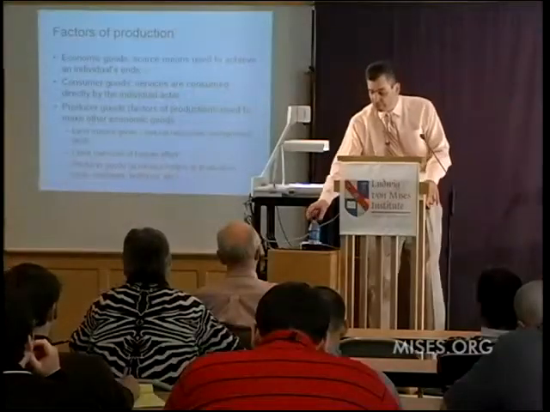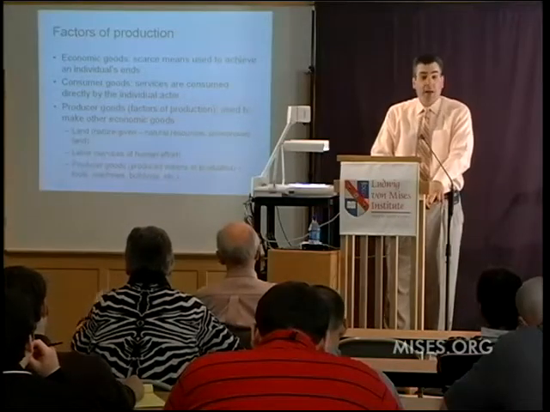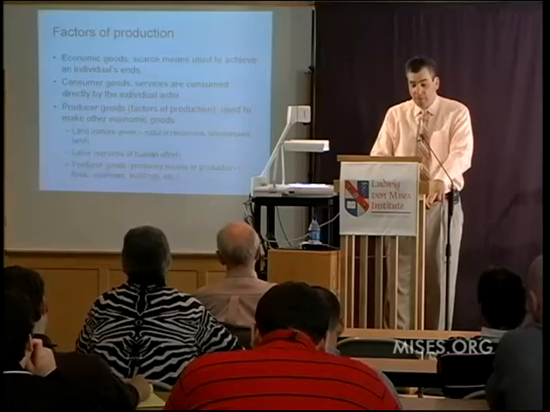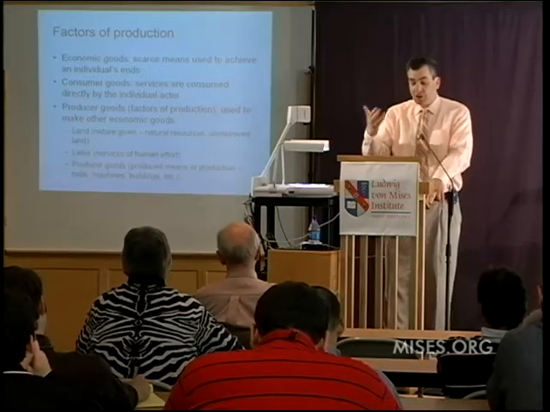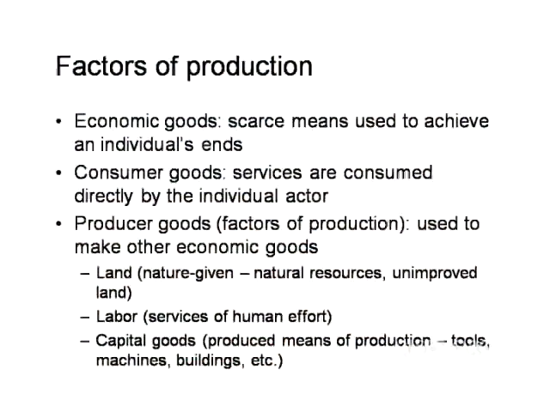Why? Because we don't consume labor directly. We employ labor to produce bottles of water and other goods and services that we do consume. Okay, and finally, producer goods or capital goods, what we can think of as the produced means of production. So we mean things like tools, machines, buildings, etc., which are themselves made out of land or natural resources and labor.